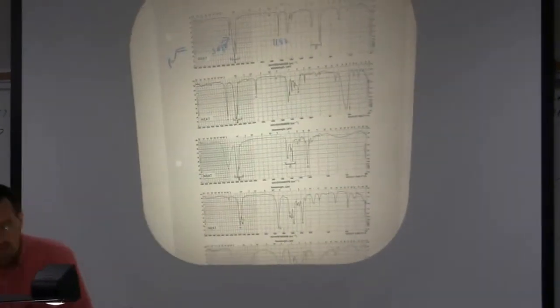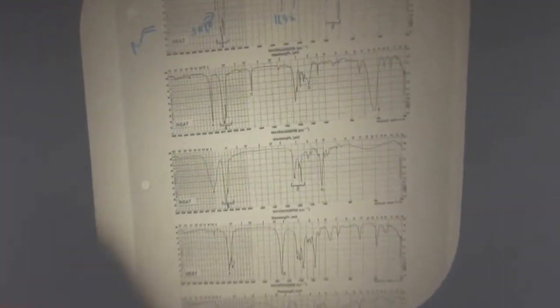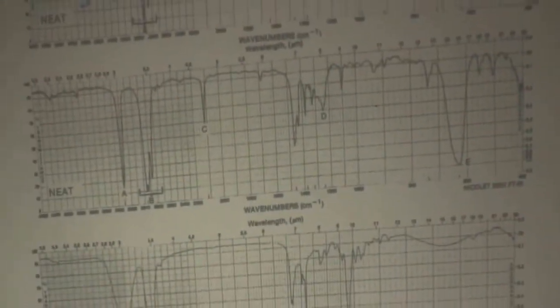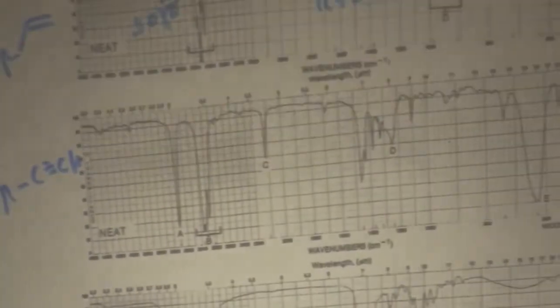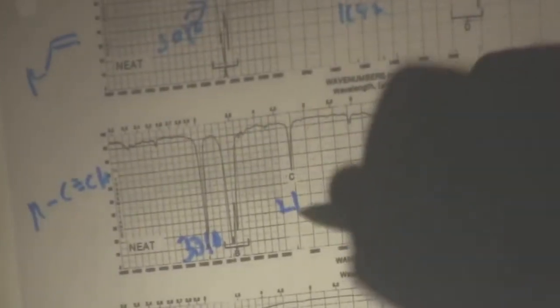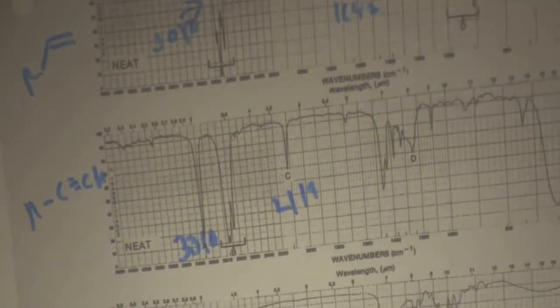All right, so what else do I want to do right now? What about the second example here? That's not bad. Alkyne, yes, a terminal alkyne. Some of the things that we see here: there's a band at about 3310 and another band at about 2119.